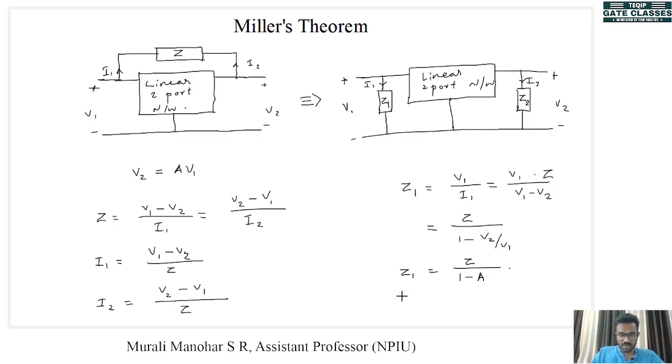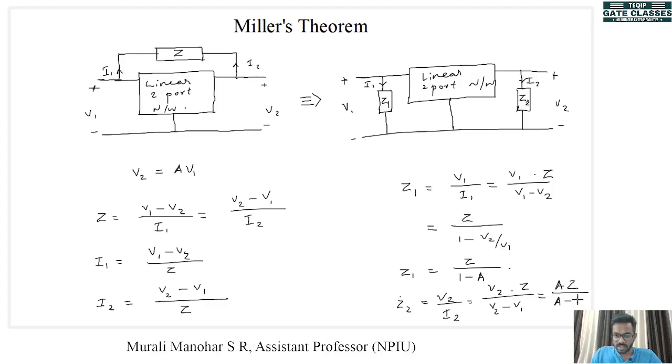Now Z2 can be written as V2 by I2, which is equal to V2 divided by I2, which is V2 minus V1 divided by Z. So Z goes up. We need to divide both the numerator and denominator by V1. That will give us A into Z divided by A minus 1.